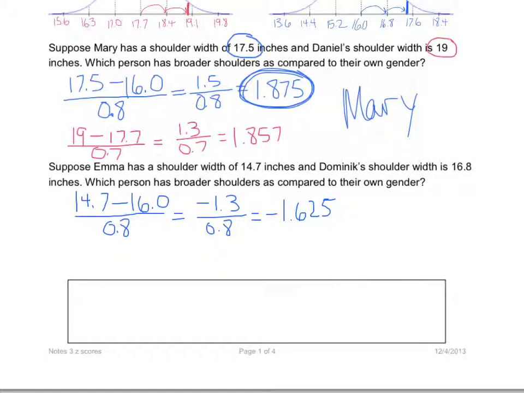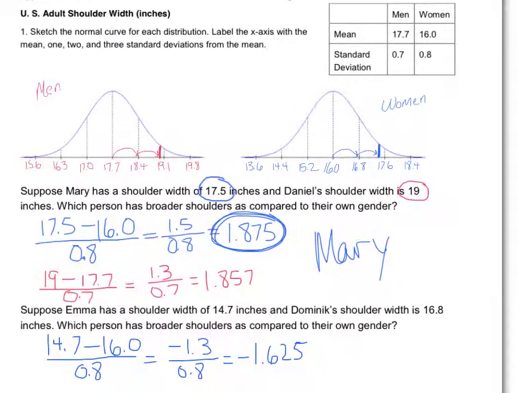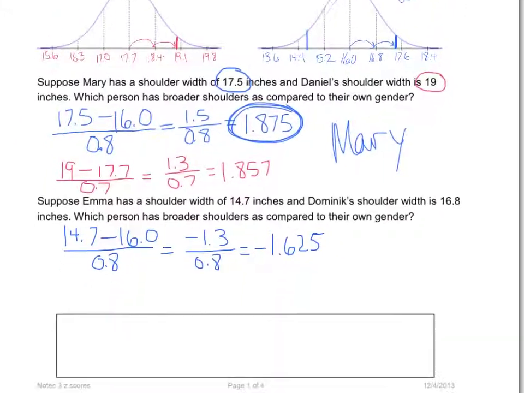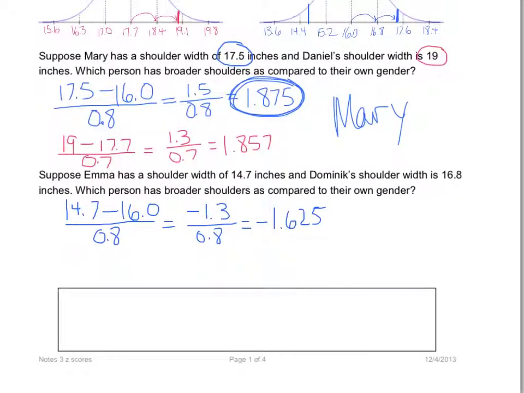So what to make out of this is, if we think about Emma's number, notice her number was under the mean. Her 14.7 would have placed her right about hereabouts, right? So it's a little bit over one standard deviation under the mean, but not more than 2 standard deviations below the mean. So under the mean, that'll just compute out to be a negative number here. All right, Dominic, let's see what happens with you. So 16.8.